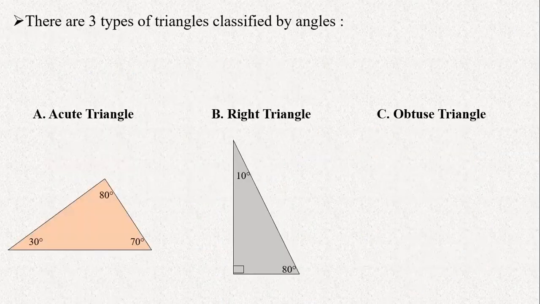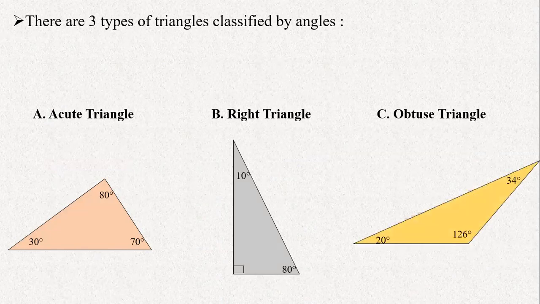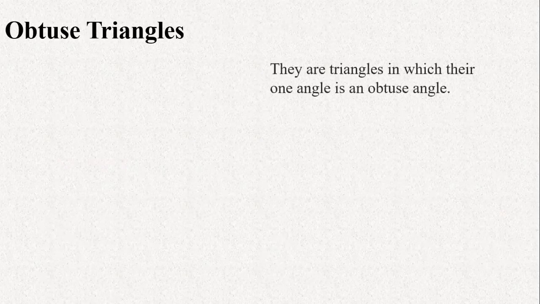And until now, we completed two types. The last one is the obtuse triangle. It looks like this. We know that an obtuse angle is greater than 90 degrees and we can link this information with the obtuse triangle. So we can define an obtuse triangle like that.